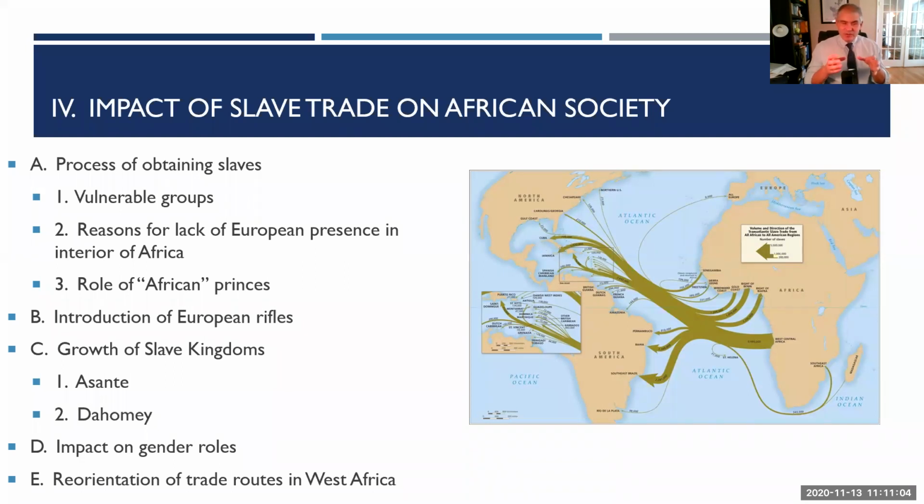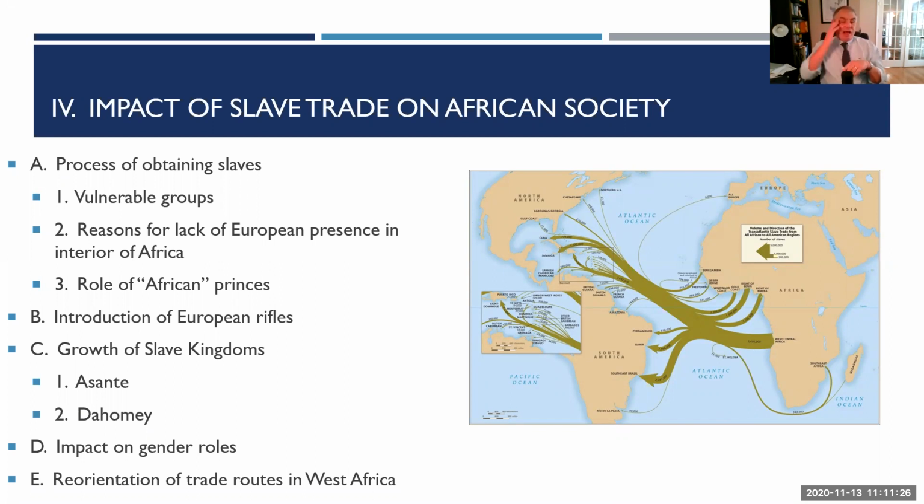And what I want you to understand, rather than just naming them, is that these kingdoms, if you remember throughout history, grow because of economic transactions. The governments profit from the transaction by taxing and regulating it, and they start to grow in wealth and they grow in power. And that's exactly what we see here.